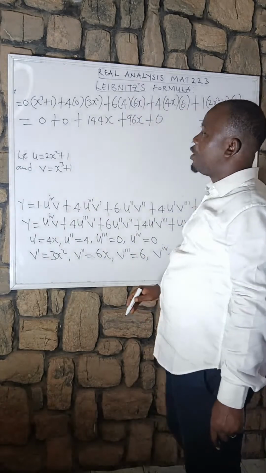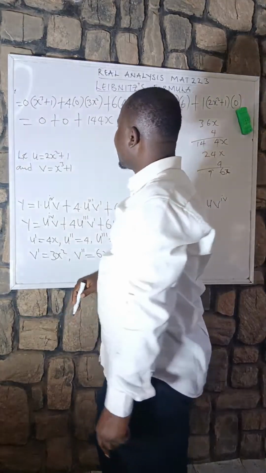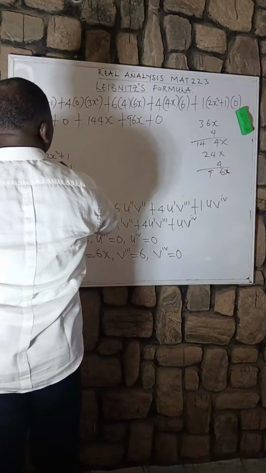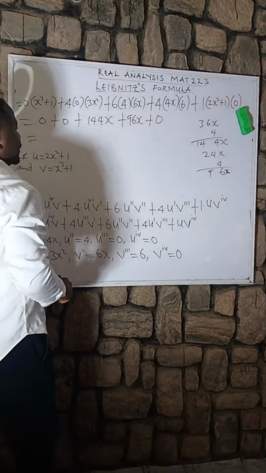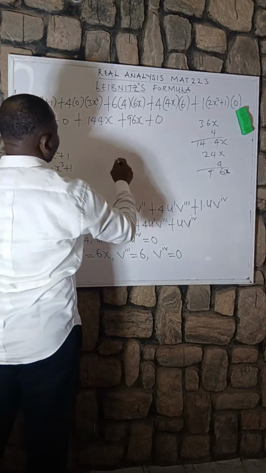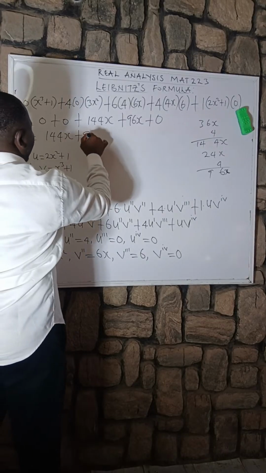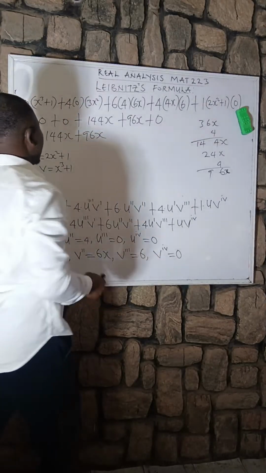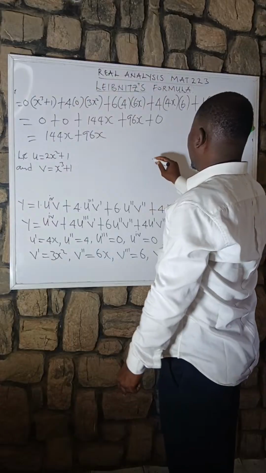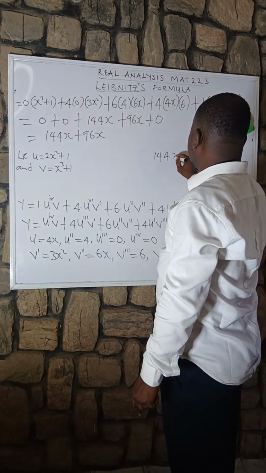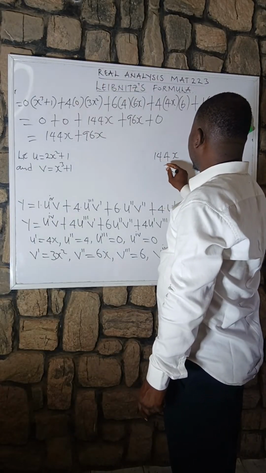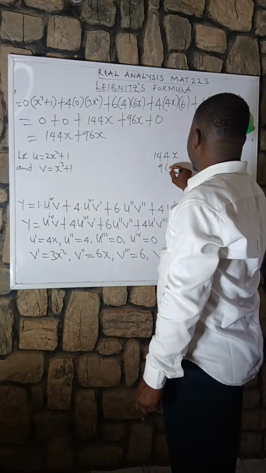Here is 0. So at the end of the day, what we are going to have is 144x plus 96x.